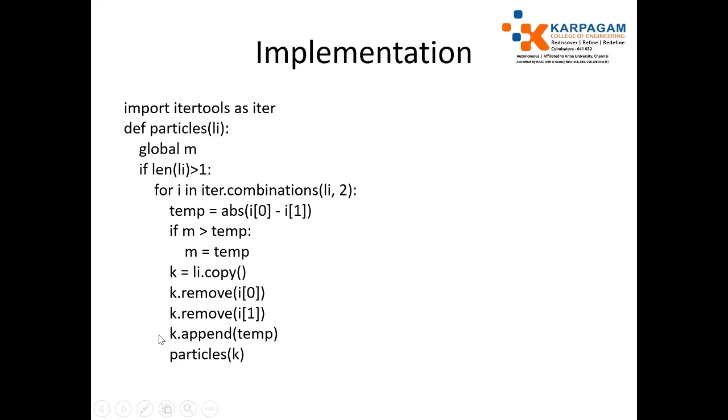So after completing the iteration, it will store the values which are less than the minimum value. You can recursively call the particles function by passing the list values, that is temp. Temp is the absolute difference compared with the minimum value.